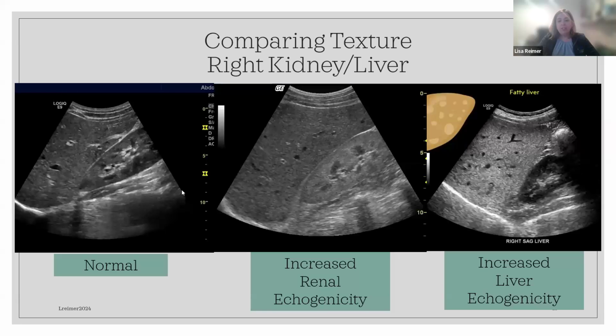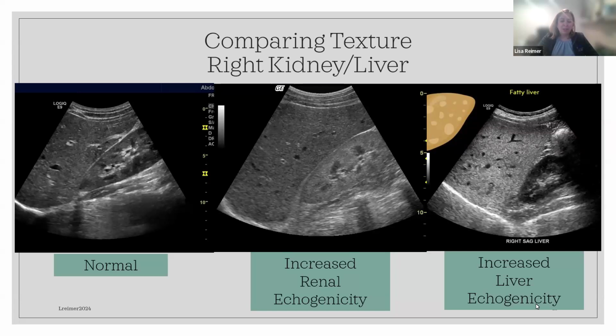In the middle image, we see the kidney looks more hyper or brighter than the liver tissue. That's probably not the one we see in the United States as much. That could be a process going on with the kidney. Maybe the kidney has got an inflammatory process going on.